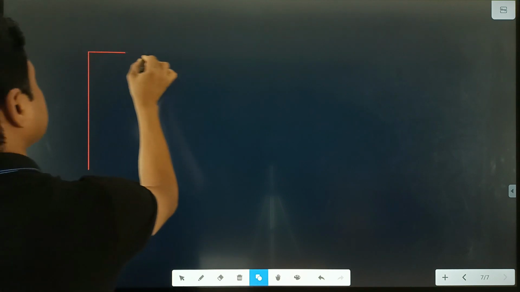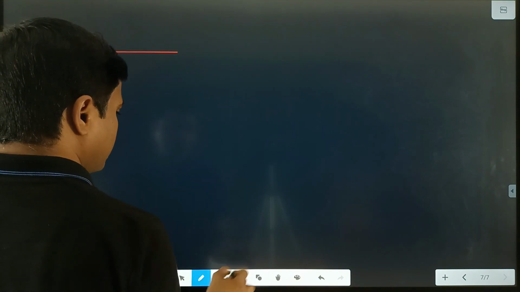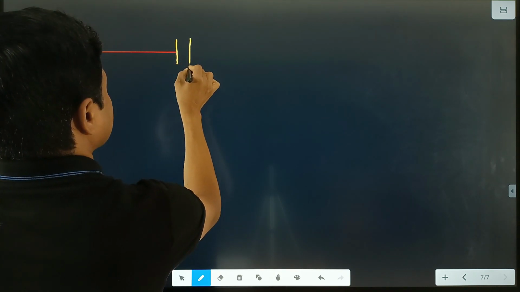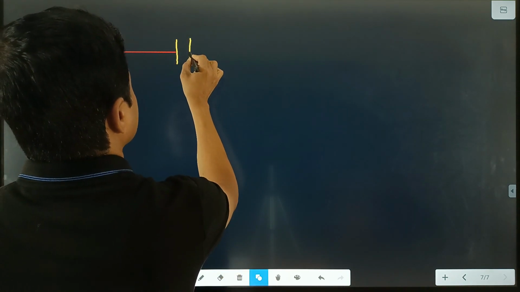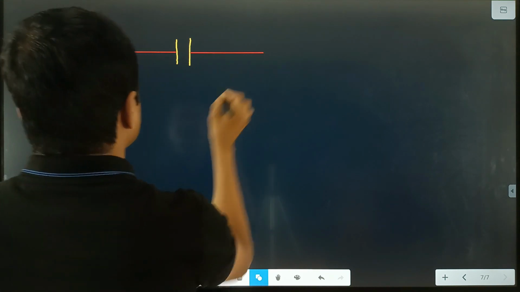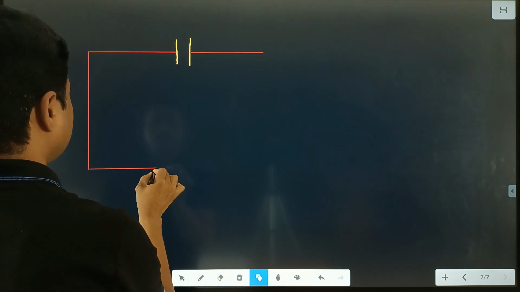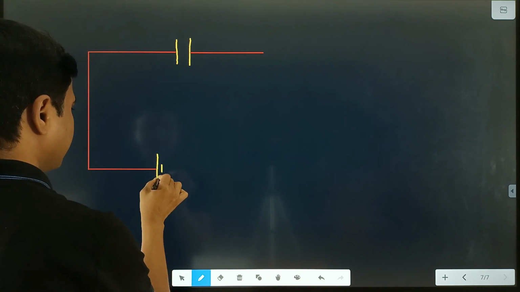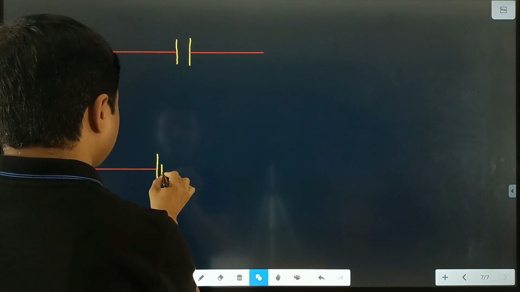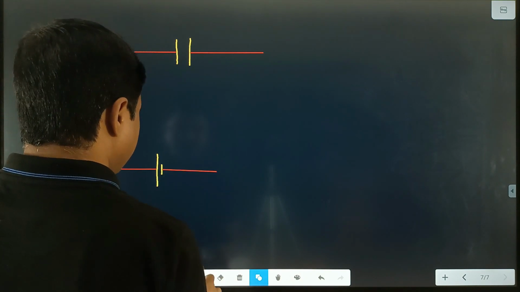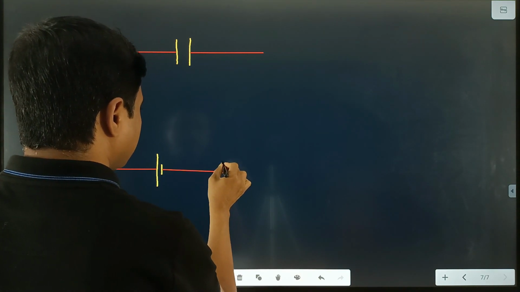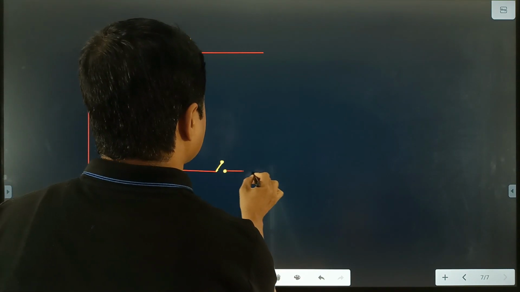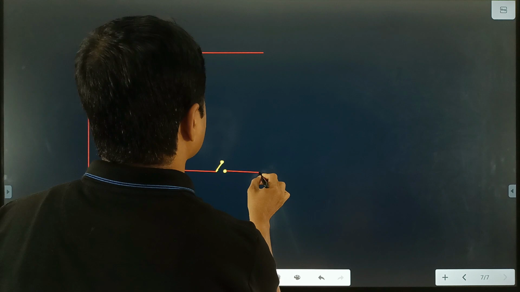These are the external wires, and this is the first plate of the capacitor, this is the second plate of the capacitor. These are the external wires, and here a battery is connected. This one is the positive side, this one is the negative side, and here a key is also connected. This one is the key.